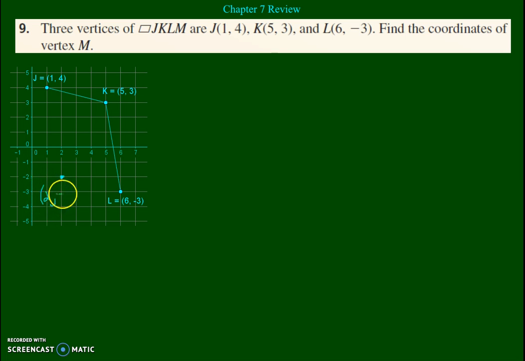2, negative 2. Now, just for verification purposes, let's find the midpoint of this, which is 5 plus 2, the average of the x-coordinates, over 2, and 3 plus a negative 2 over 2, which gives us 7 halves, 1/2.